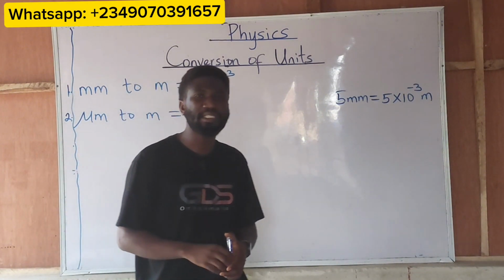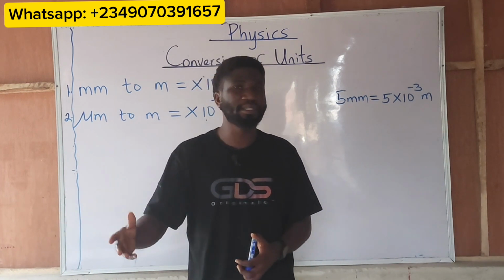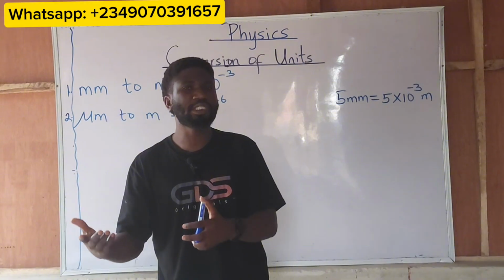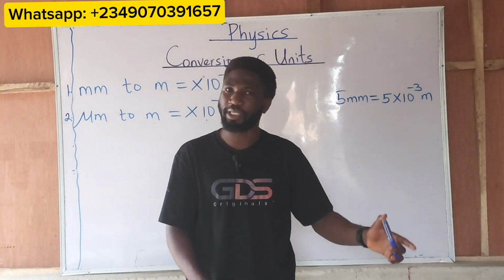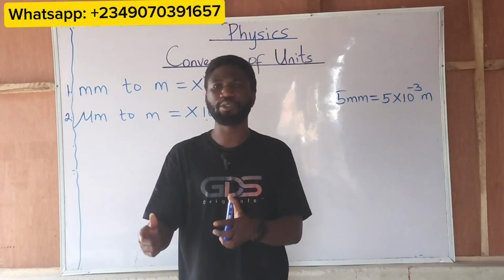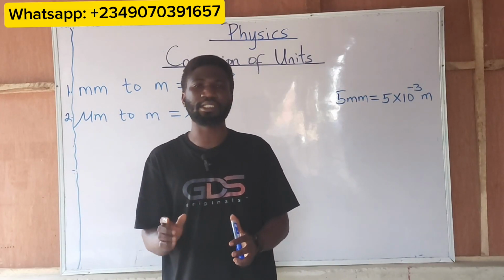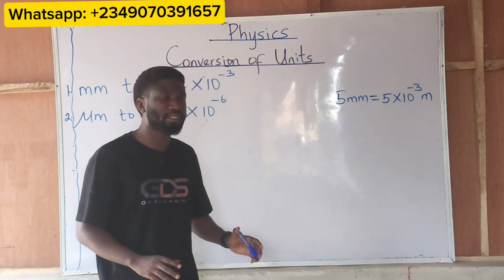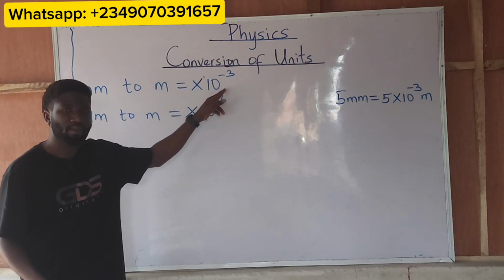If I'm changing microfarad to farad, in as much as there's micro there, then it's going to be times 10 raised to power minus 6. So please just know that it is not only limited to meters.